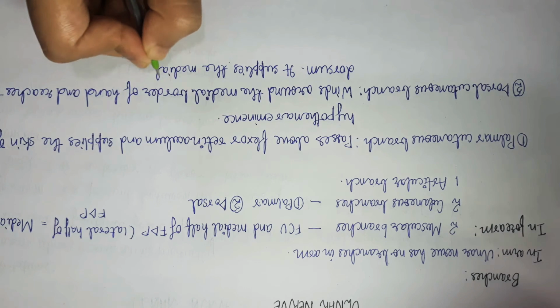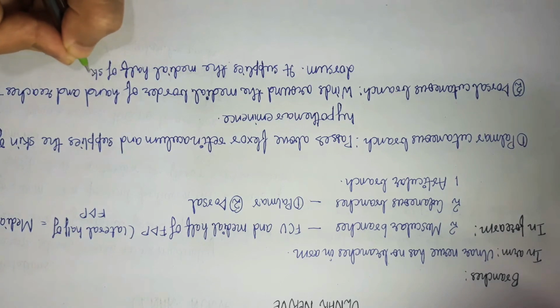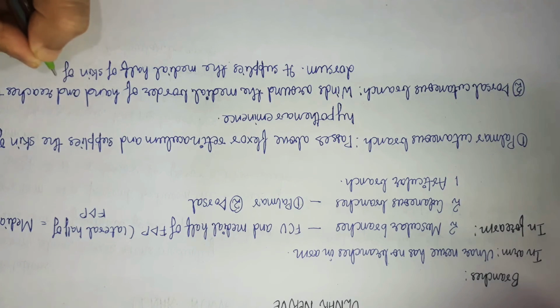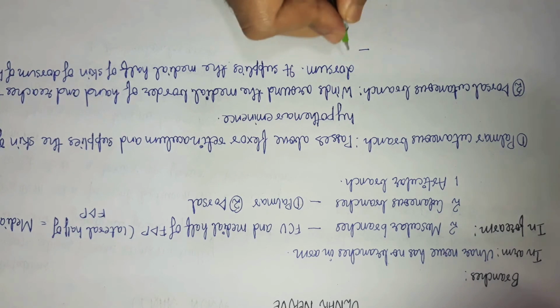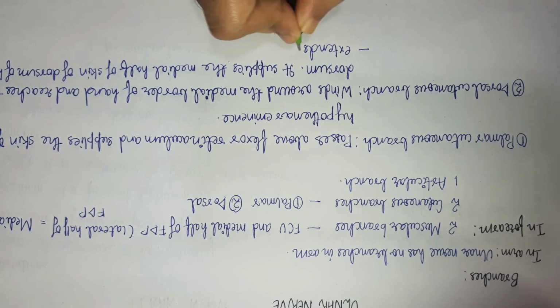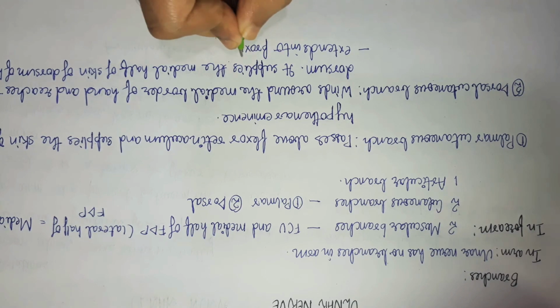The dorsal cutaneous branch extends into the proximal part of two and a half fingers.